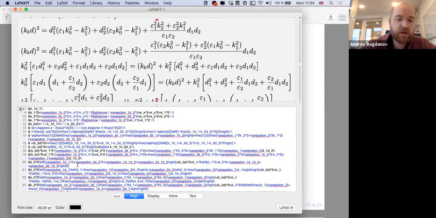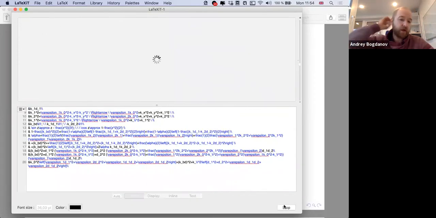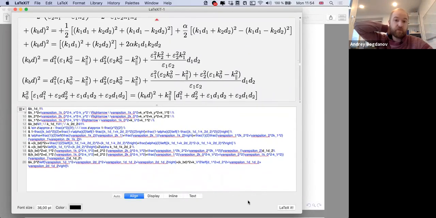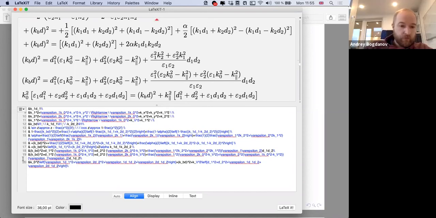So, and I think now we can just rewrite the following expressions. And now it's much easier, yeah, guys? I see here the common term. What is the common factor for the first and third term? Epsilon 1 d1, yeah? Yes. So, let me do this.